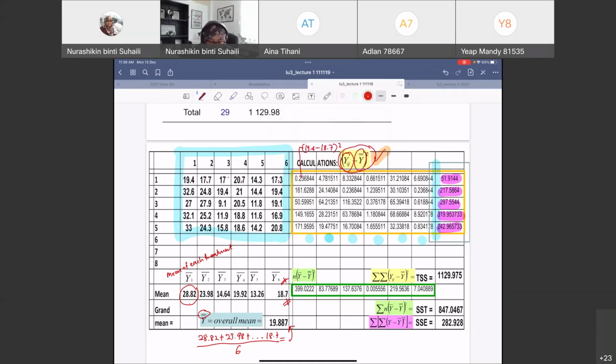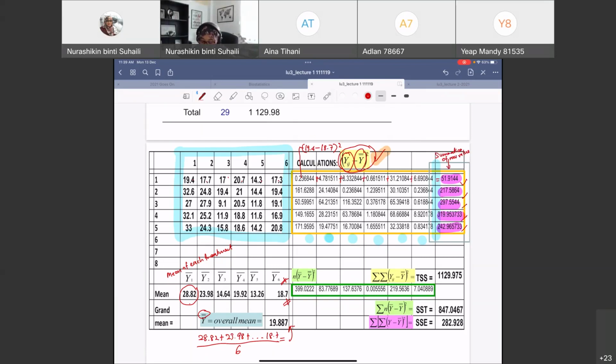For example, here, 0.2368 plus 4.78 plus 8.33 plus 0.66 plus 31.2 plus 6.69 is equal to 51.91. Okay, so these are the summation of row values. Okay, it means that you solve for every row, you get these values.